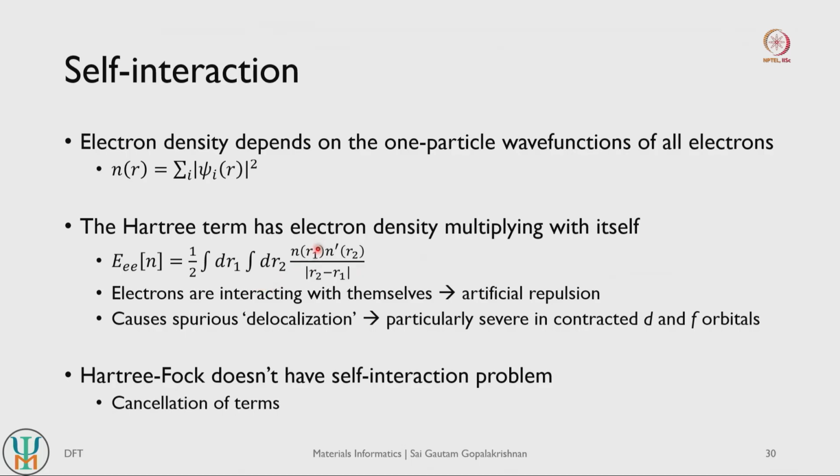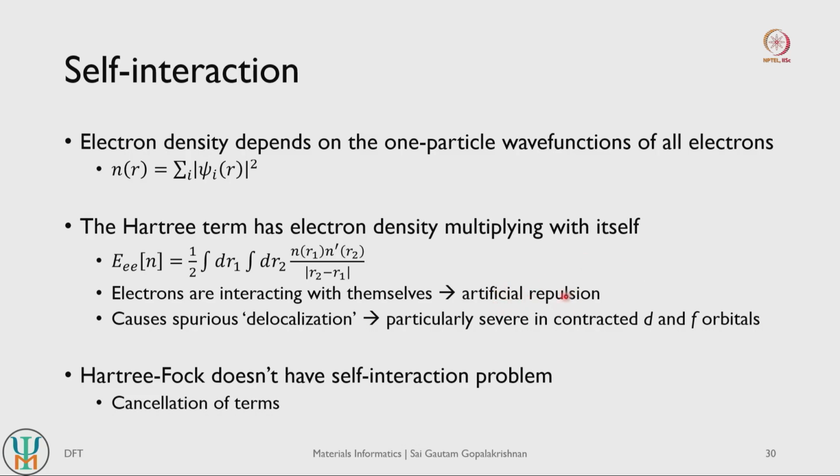Since we are using a common density variable here, we end up including interactions of electrons with themselves, which is artificial in nature, and hence this repulsion is also artificial. This is not what should exist in a real system, right.